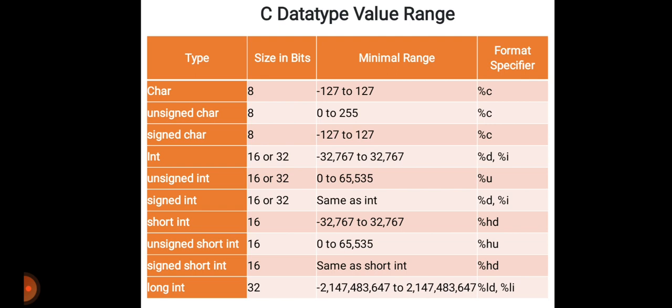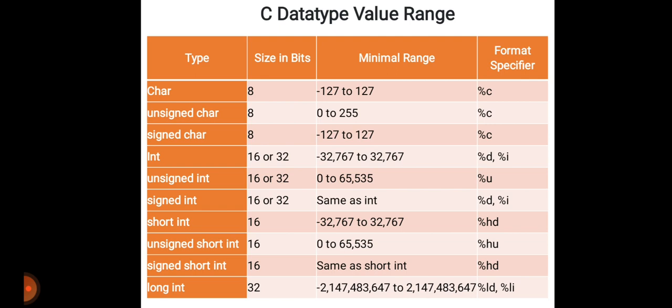Then the next one is unsigned short integer, the size for this is 16 bits, and the range is from 0 to 65,535, same as the unsigned integer. The format specifier for this is %hu. The next one is signed short integer, the size for this is 16 bits, same as short integer, and the format specifier for this is %hd.